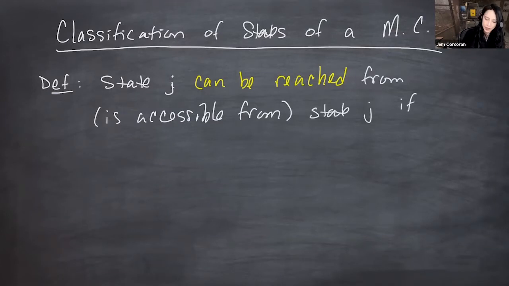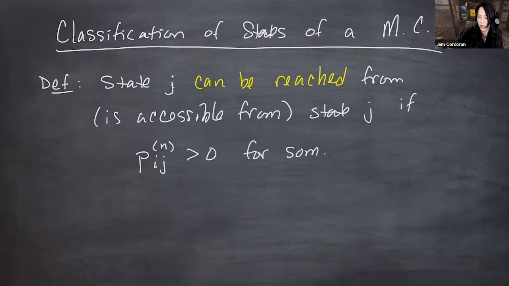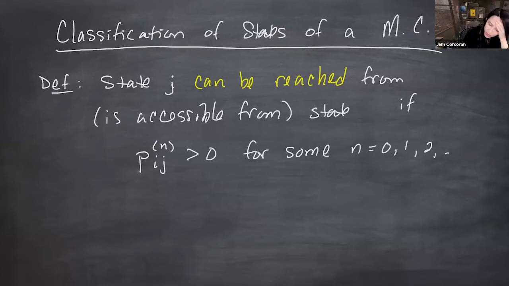if the probability of going from I to J in n time steps, now that's not that probability to the nth power, that's the ijth entry of the nth power of the matrix, is strictly positive for some non-negative integer n.